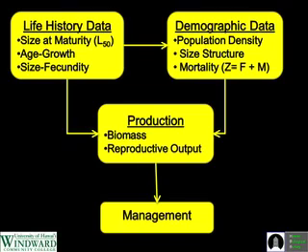Once we have this information, we can add in our life history data and get estimates of mortality, natural mortality and fishing mortality in the marine reserve and in the fished area. And we can use this to get estimates of production. By production, I'm looking at excess biomass produced in a year and also reproductive output.